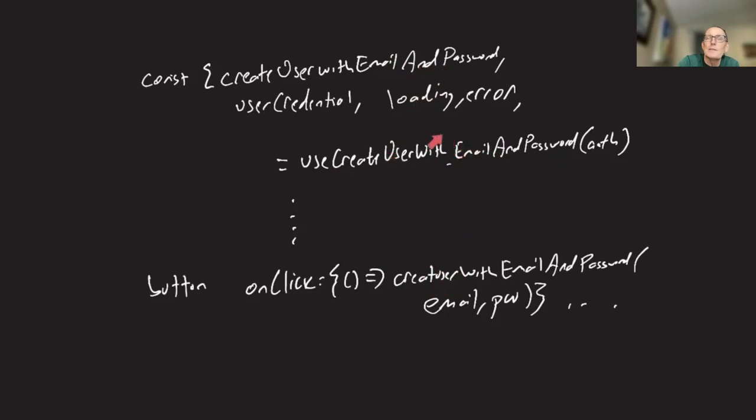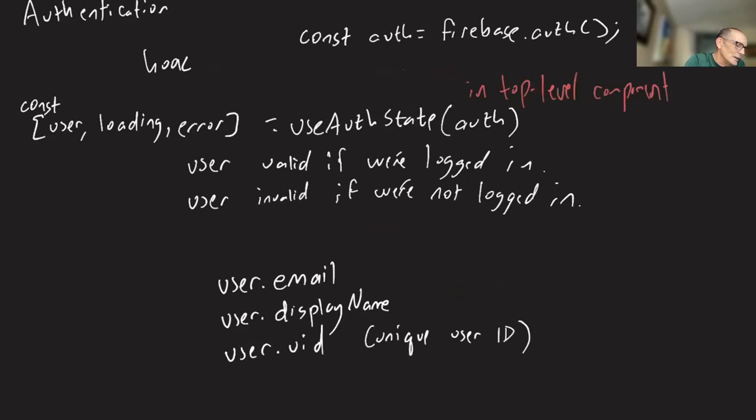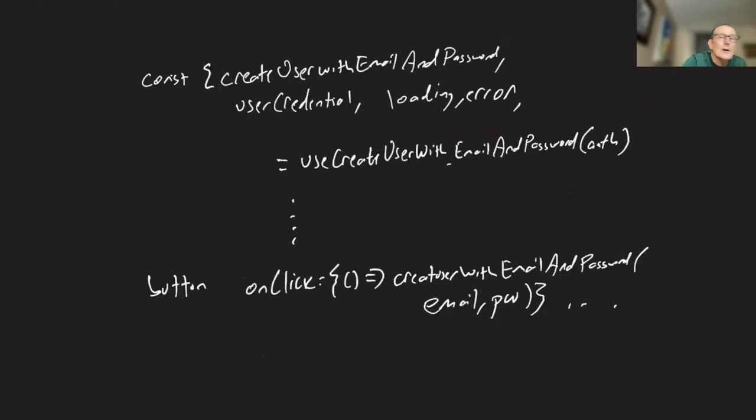And then the third time that this would otherwise be called, it's probably not going to be called because we have here our top level component where our use auth state is going to be reevaluated. Our application component is going to be reevaluated because the login state is different. And that's going to return our user. And then we're not going to show the sign up page. That shows how you can do both signups and sign ins with email and password.